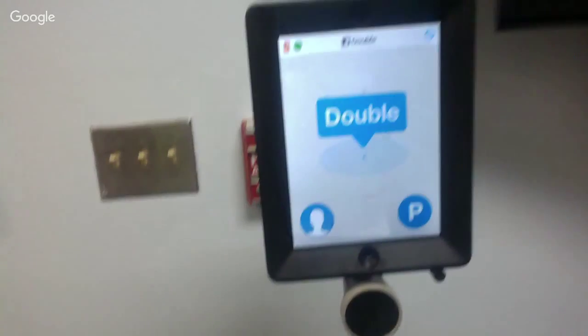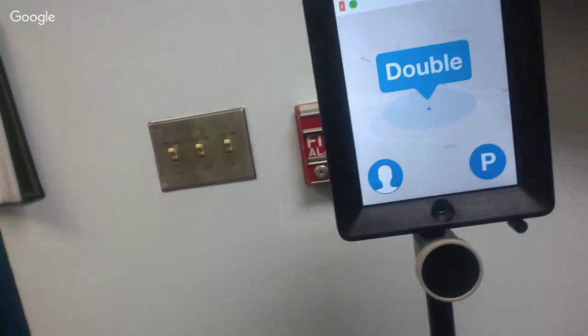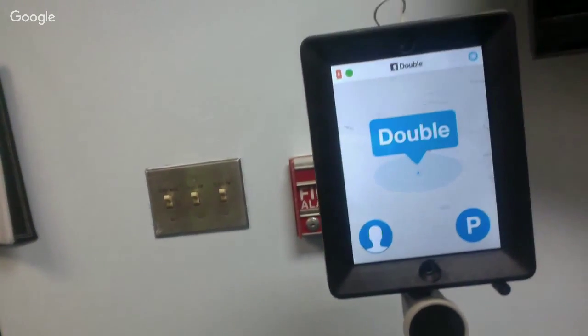The screen went black. I can't see anything. Can you see it? I can see it. And you can't move it? Can't move it. The screen's actually blocked.